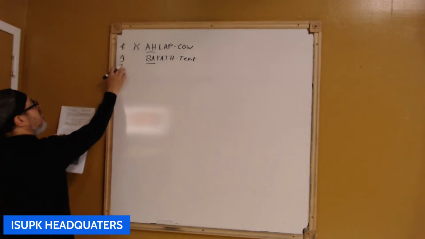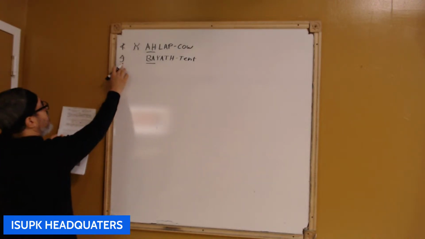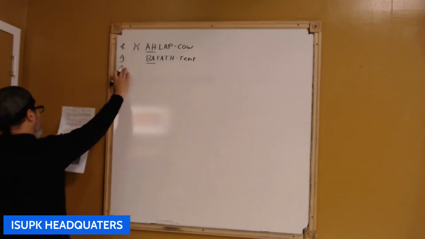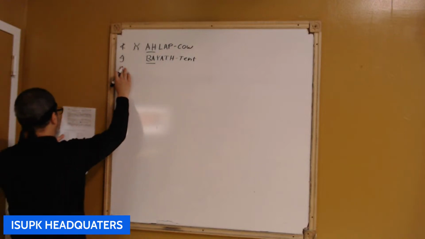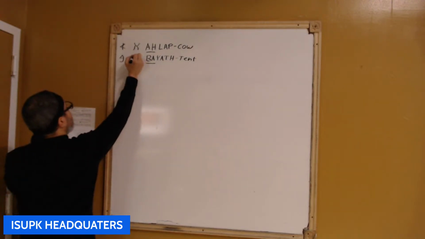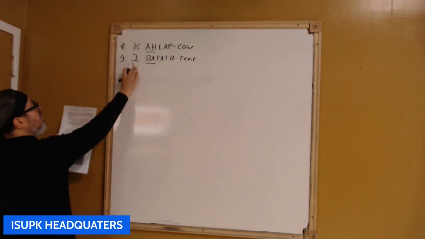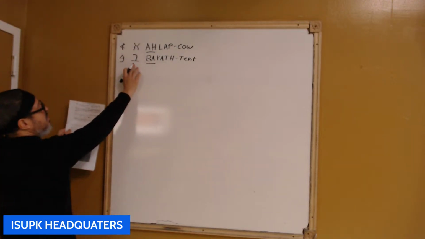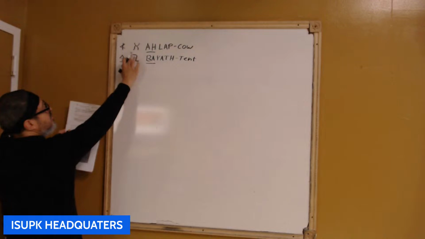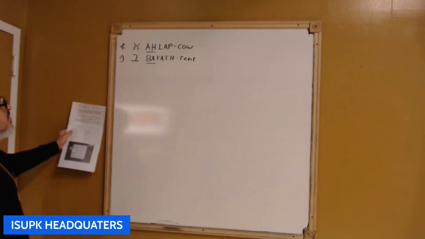Here's our symbol. Looks like a backwards B or an upside down B. Okay. And then in the modern, you have this, and it almost looks more like a tent. So it's another way of seeing it.